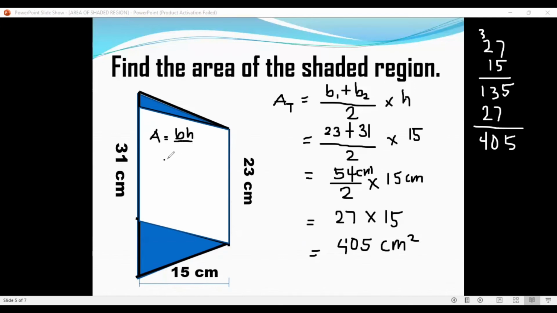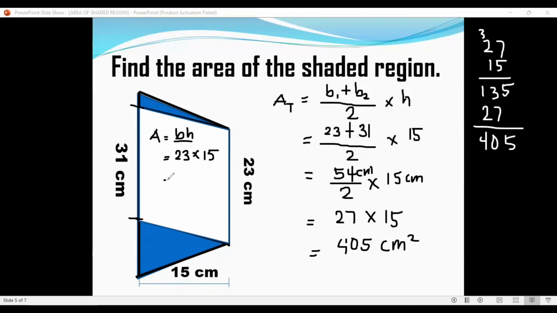So we have here now your base. As you notice, we have 23 and 31, but definitely you will not be considering the 31 as the base. It should be this part because it ends there. So this is now simply the parallelogram. So again, the base is equal to 23 and the height is still equal to 15. So times 15.